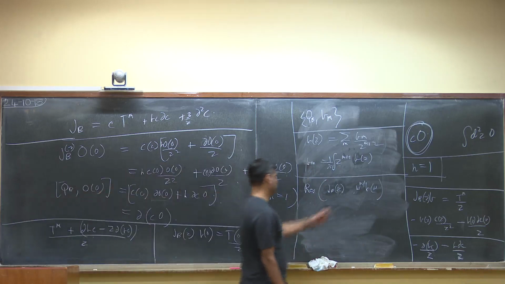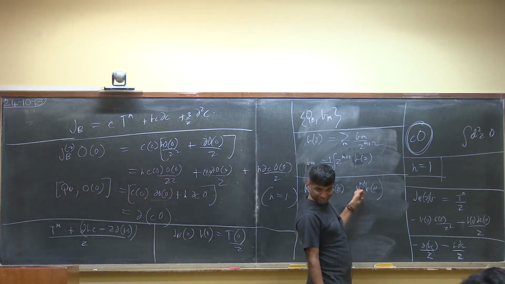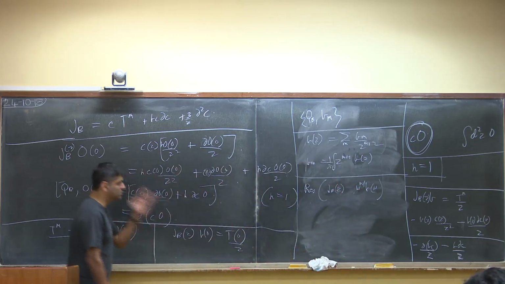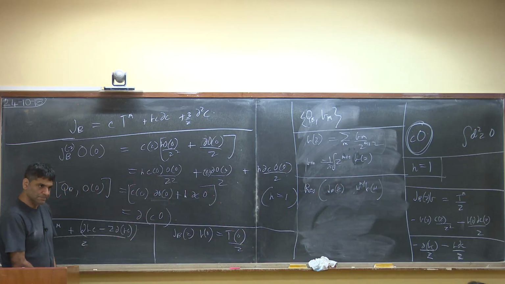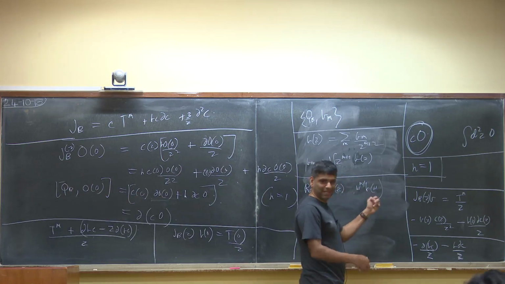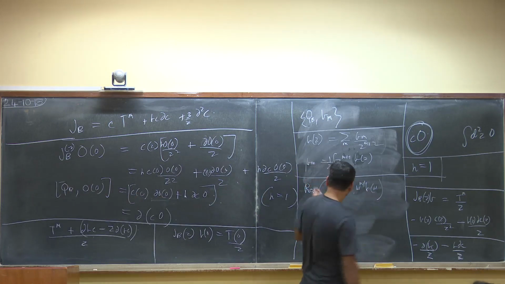Okay, but W is just a number. We want the residue as Z goes to W. We could have done it the other way around and then it would be more complicated, but we'll do it this way around.